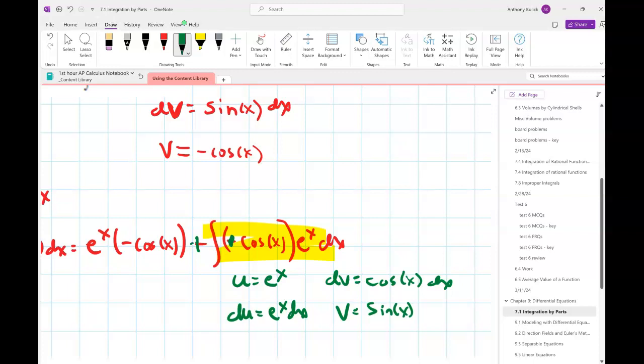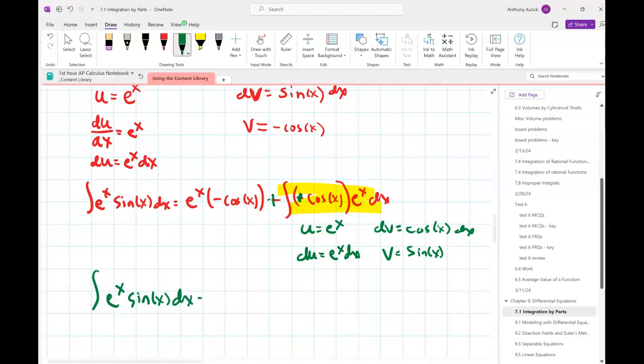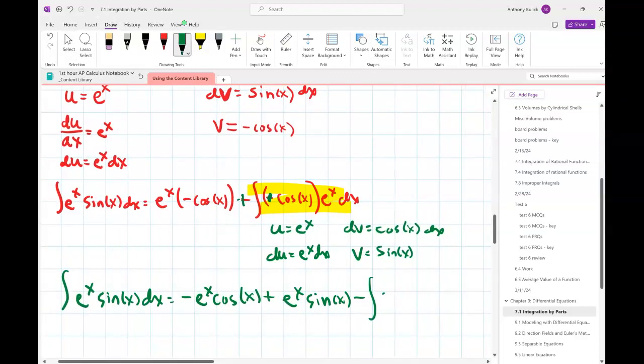Everybody so far so good? And then I have uv minus the integral of v du.